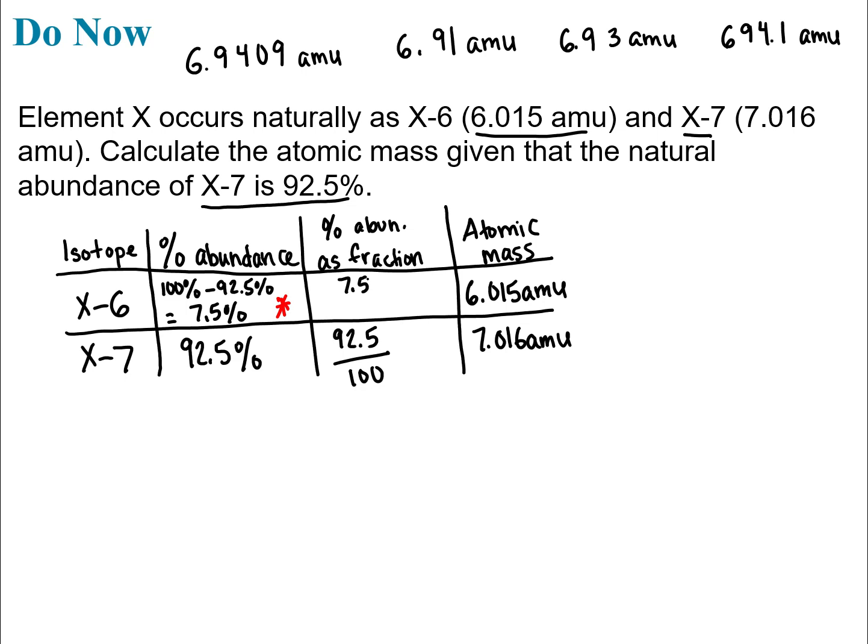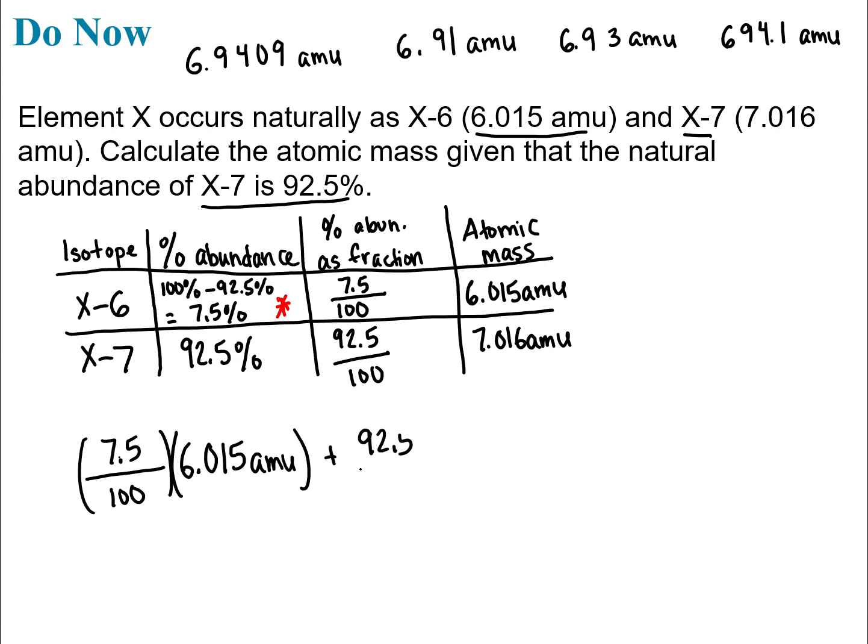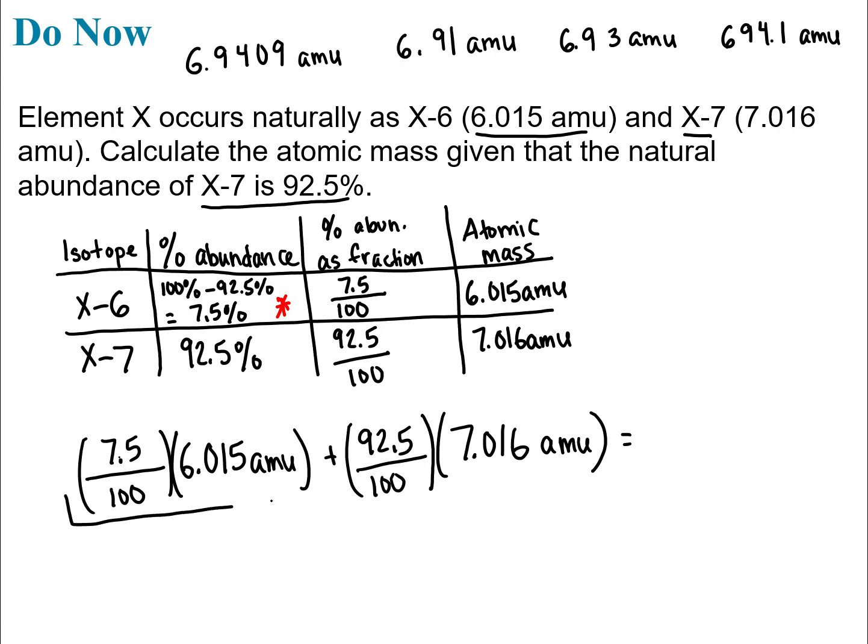Now you can fill in the percent abundance written as a fraction, and you can do your multiplication and addition. So in order to do the sig figs correctly, you need to calculate each part individually.